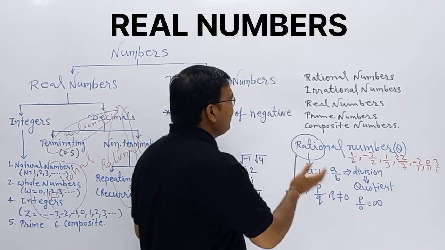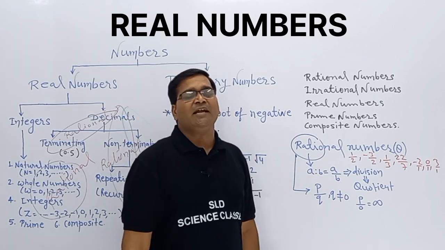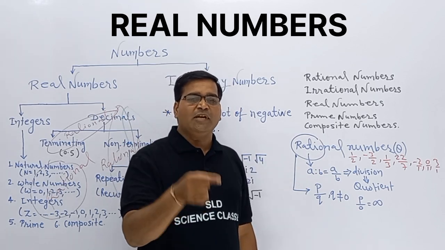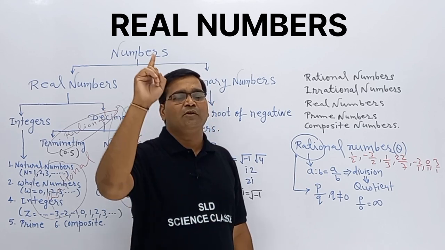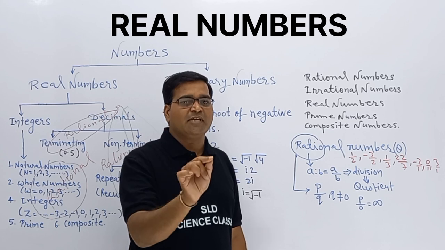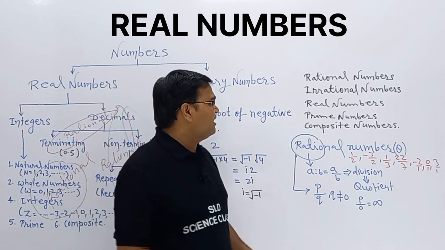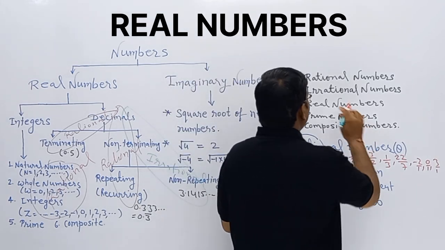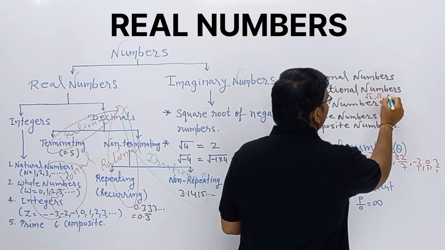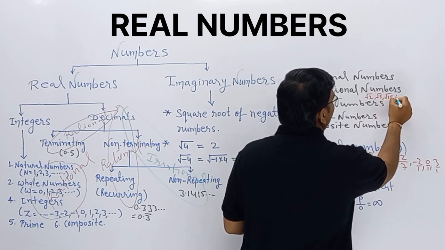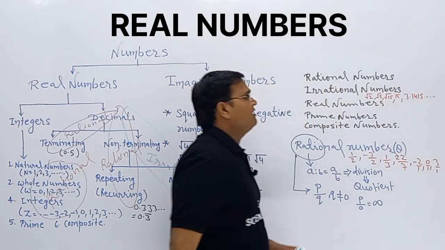So what is not rational, not in P upon Q form, not an integer, not terminating, not non-terminating repeating, leaves only one category: non-terminating, non-repeating. It means after the point we get different numbers up to infinity. Examples of irrational numbers are √2, √5, √15, pi, 3.1415 and so on.